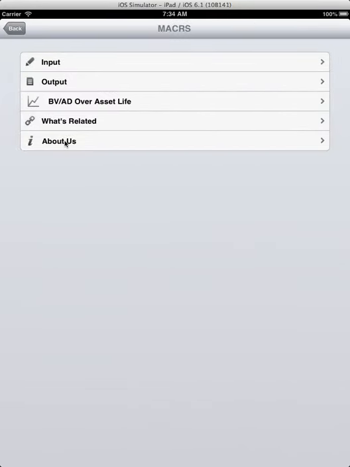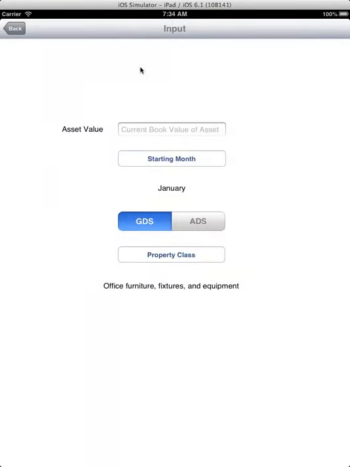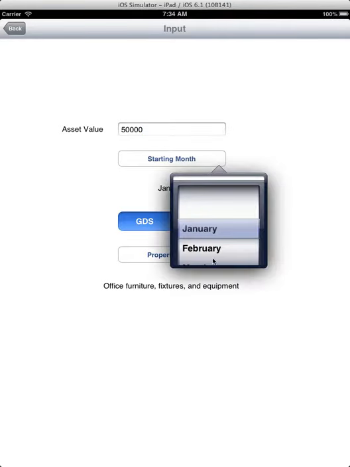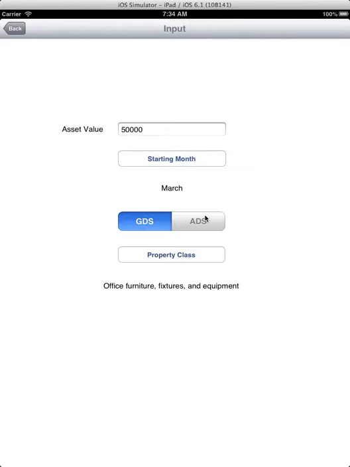Now MACRS, this is the modified accelerated cost recovery depreciation rate schedule, and here we enter the asset value and, say, the beginning month. We can select whatever it is, and then we select the method, GDS or ADS.